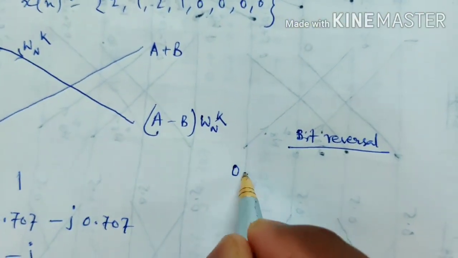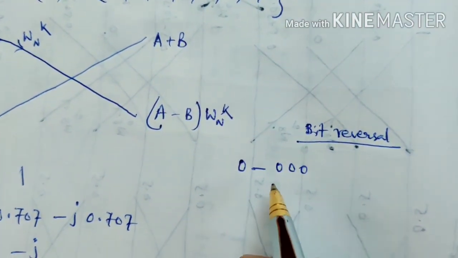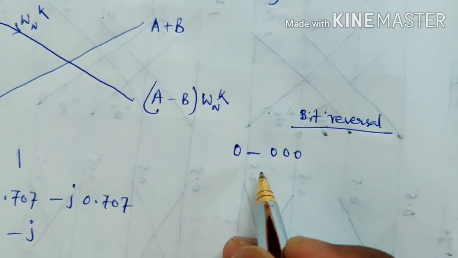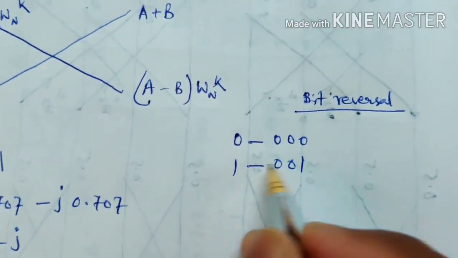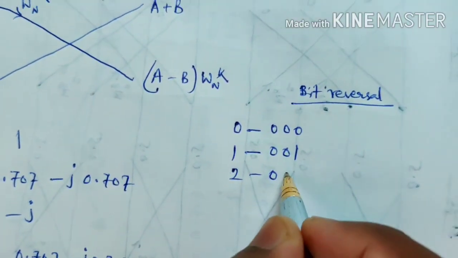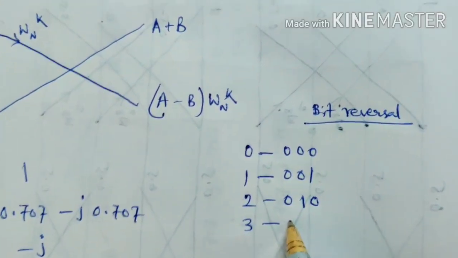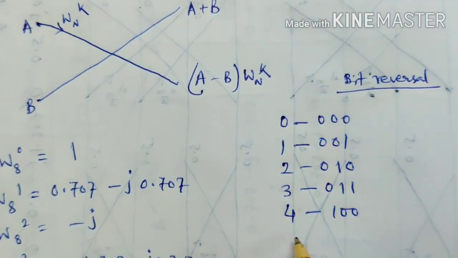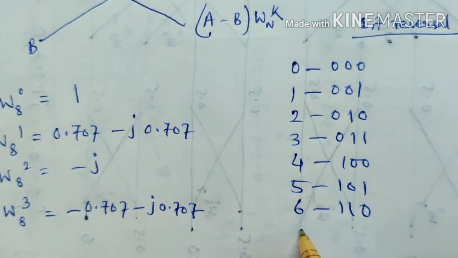So for bit reversal, we write the 3-digit binary representation, because for 8-point DFT, 8 is 2 to the power 3, so there will be 3 stages. The numbers are 0, 1, 2, 3, 4, 5, 6 and 7.